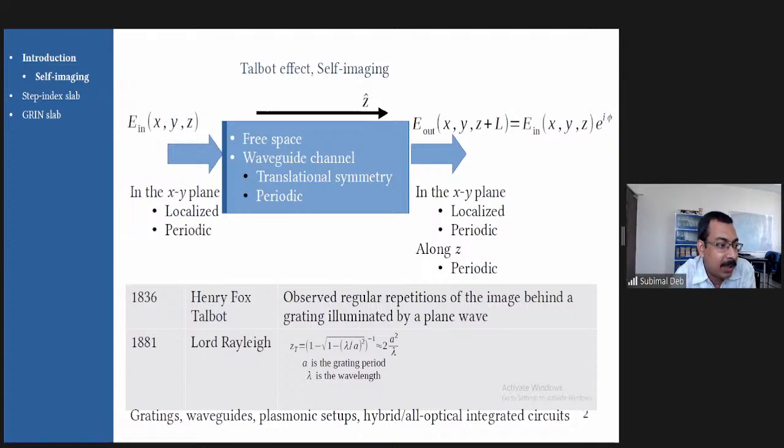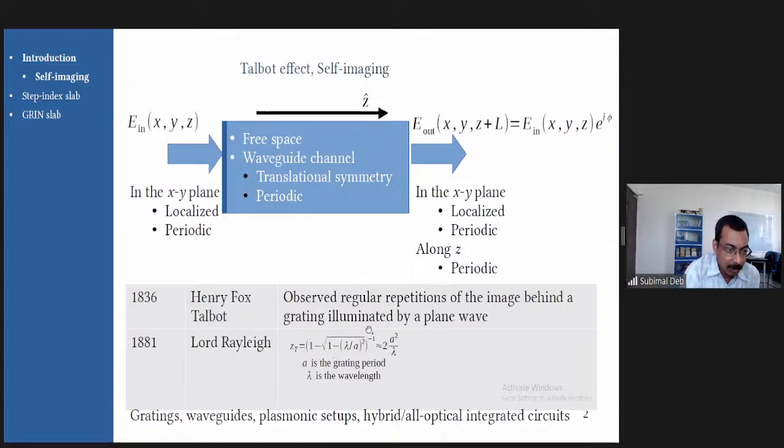Now, after 1836, in 1881, Lord Rayleigh quantified Talbot's observation and gave an expression for the distance at which the self-imaging occurs. That distance is called the Talbot distance.